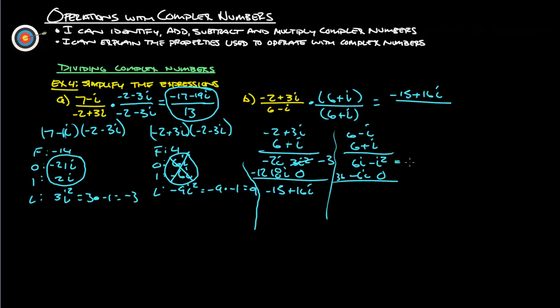Negative i squared is negative 1 times negative 1, because i squared is negative 1, so that's really just 1. So 36 plus 1 is 37. And then the 6i and the negative 6i turn into 0. So on the bottom, we just have 37. And there's our answer there.